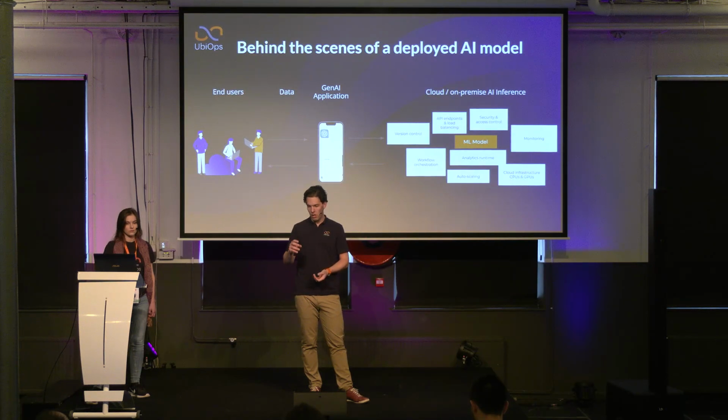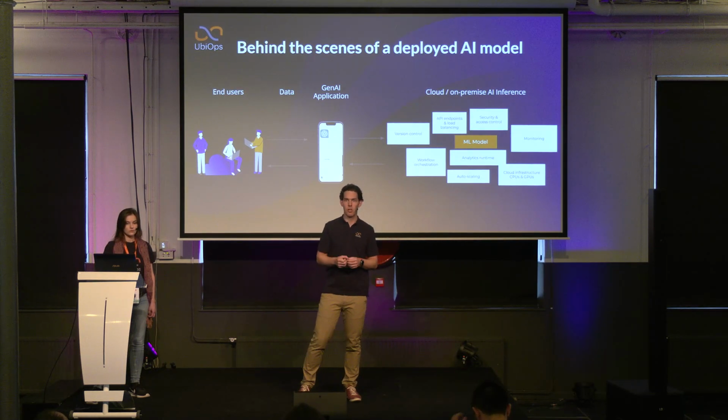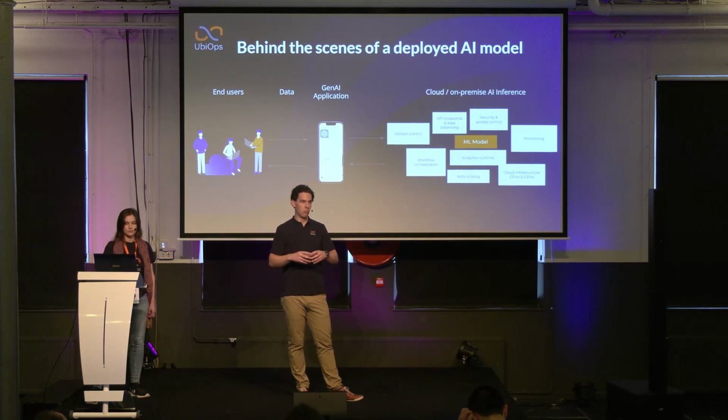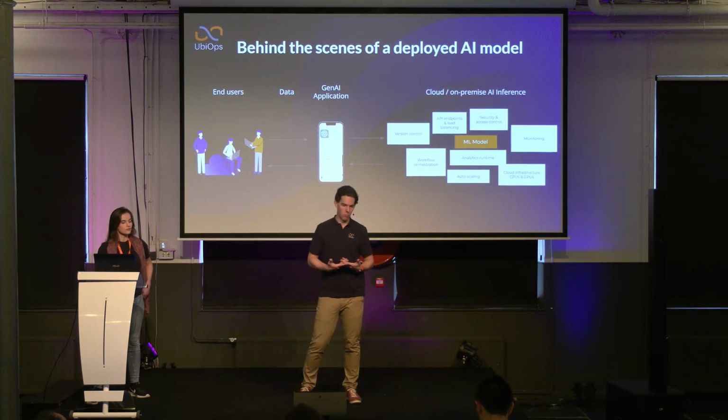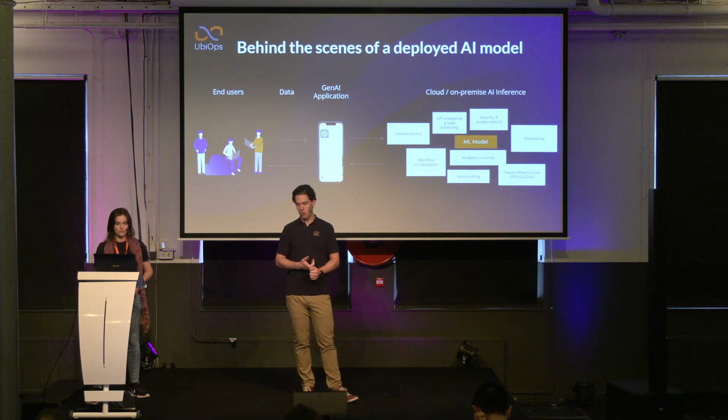And if you zoom in on what it's like to deploy an AI model, the machine learning model itself is already there. It's maybe developed by a data science team or off the shelf, as we were just discussing. But if you have to turn it into a robust, scalable system, there are a lot more bits and pieces you have to think about before you have a working, enterprise-grade app or service.